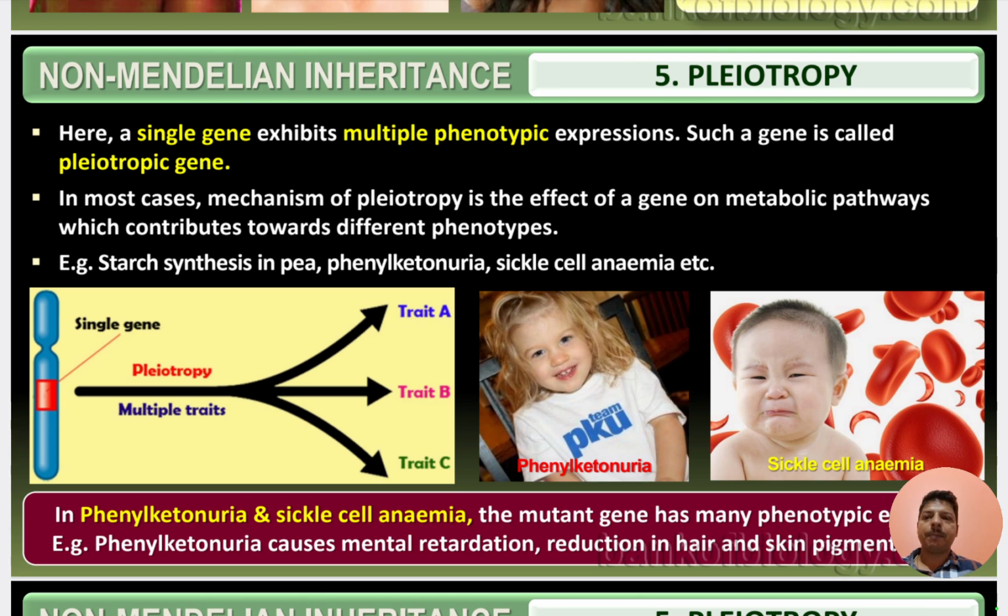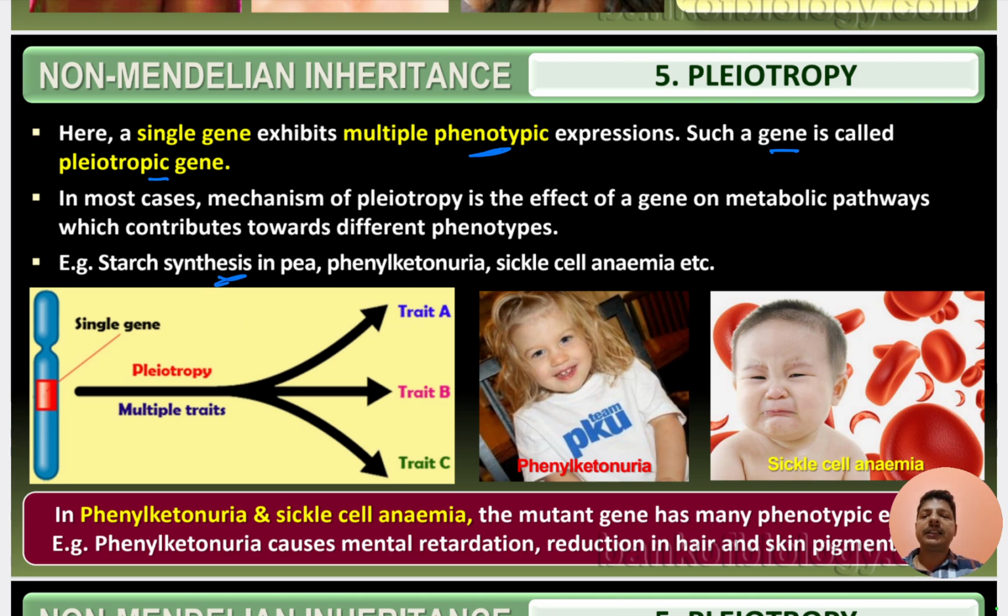Next is pleiotropy. Pleiotropy means a single gene exhibits multiple phenotypic expressions. Such genes are called pleiotropic genes. In most cases, the mechanism of pleiotropy is the effect of the gene on a metabolic pathway which contributes towards the different phenotypes.